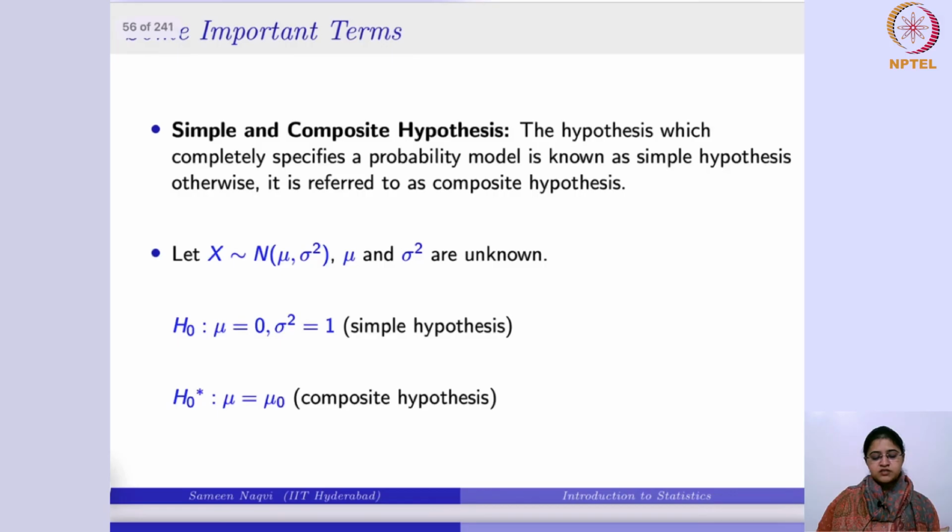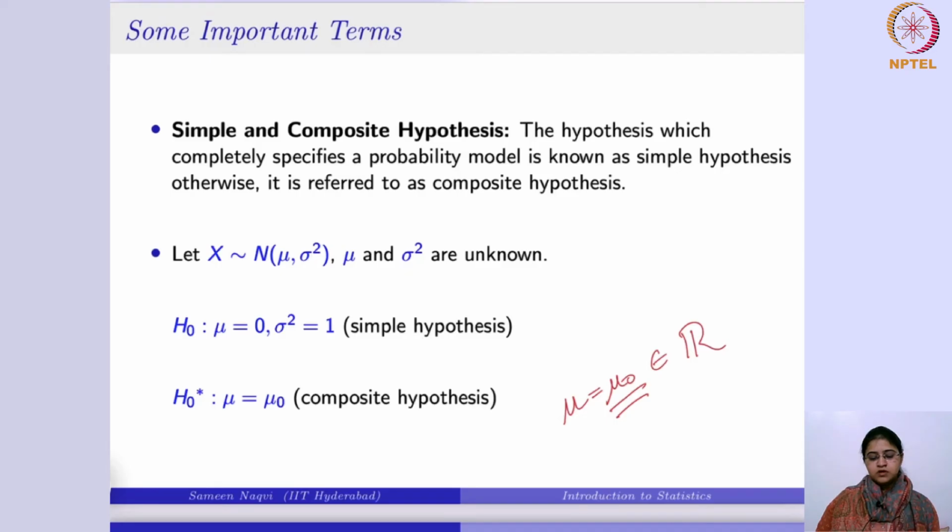However, if you consider the other one, that mu is equal to mu naught, this mu naught can be anything, right? Because we know that mu is in R, so mu naught can be any value. So it is not specified. We do not know it actually. So in that case, we would say that this is a composite hypothesis, not a simple hypothesis, because the probability distribution is not specified clearly.